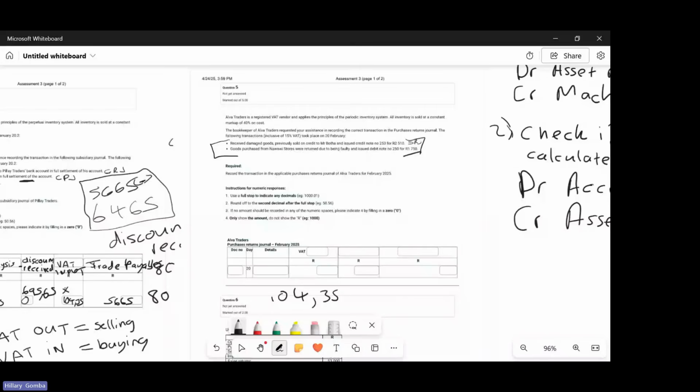If the client wants a refund or they want us to exchange or so forth, as we send the credit note, we are telling them that we agree to the goods that they sent to us.